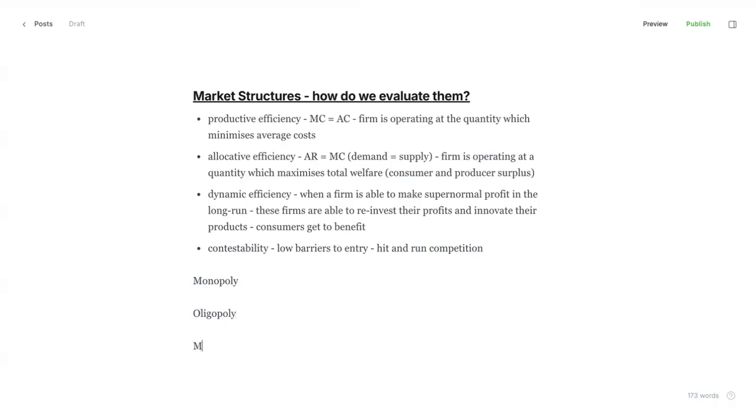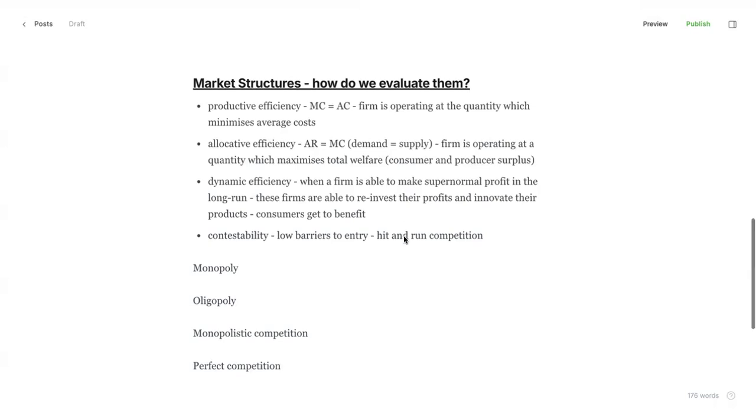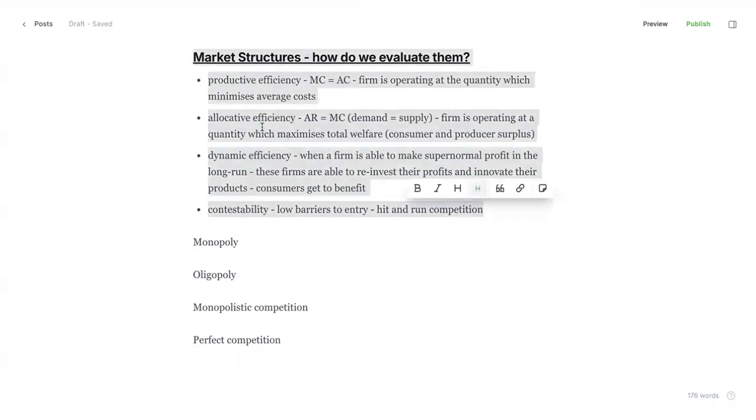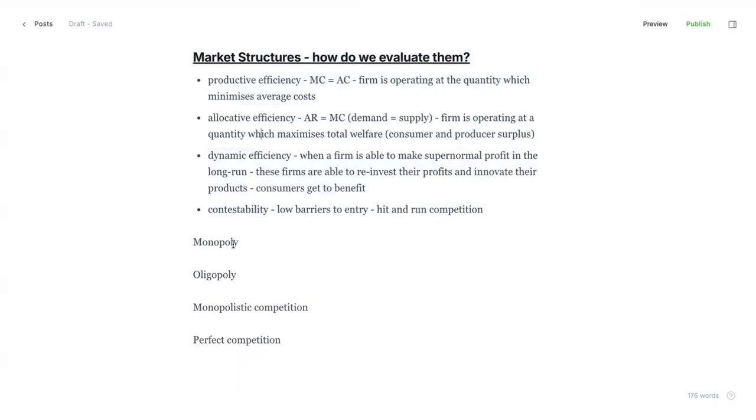Then we're going to go through monopolistic competition. And then we're going to go through perfect competition. Use these when we're talking about them to describe whether they're good or bad. So we're not actually going to use that as a separate paragraph, but we're going to be putting them inside these paragraphs.